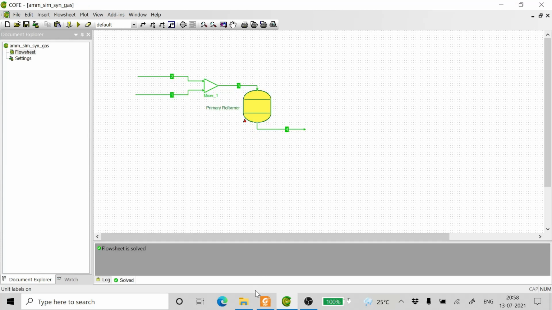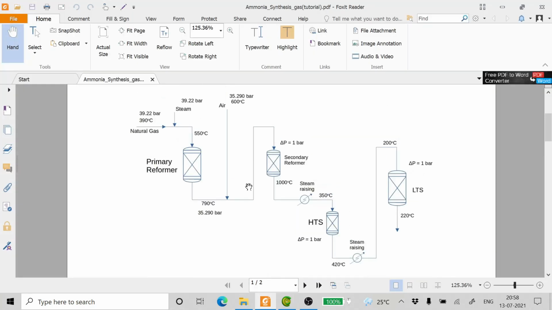Now, as you can see here, in the secondary reformer, what happens is the outlet from the primary reformer is mixed with air, and this goes to the secondary reformer. Now, for all reactors from that is secondary reformer, HTS and LTS, I take the pressure drop as 0.5 bar instead of 1 bar for simulation.